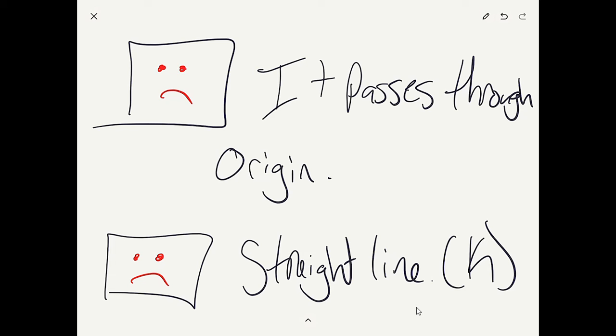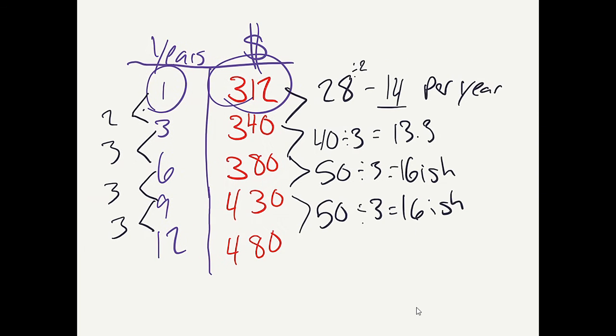Is it a straight line? Not really, because remember how we looked here, how it went up by 14 per year, then 13 per year, and then 16 per year. So barely, it's close. Now, if it was all 15 a year or 14 a year, then yeah, it would be proportional.